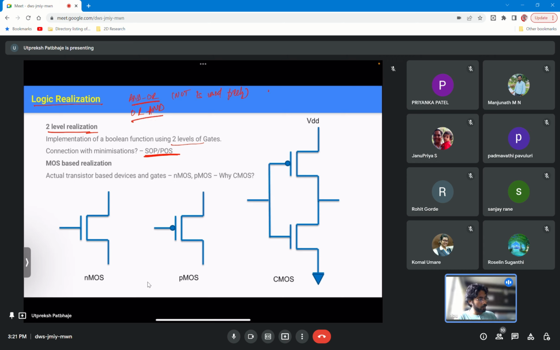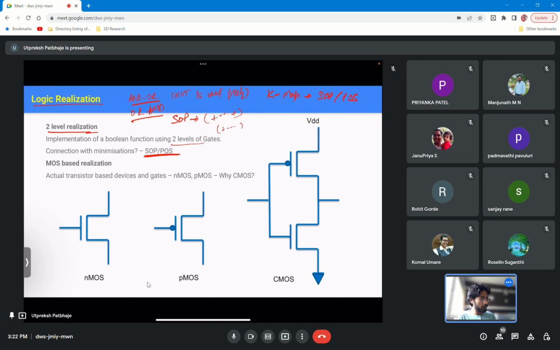As you remember, your K-map output you would be getting either in SOP or POS kind of form, right? So in SOP, a sample function would look like a sum of products. You would be getting something in sum which was overall in a product.